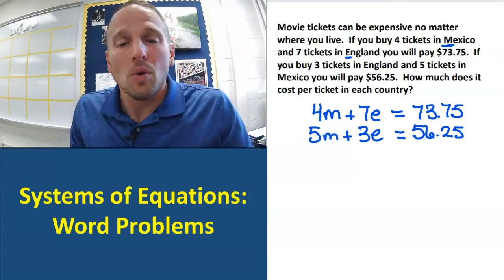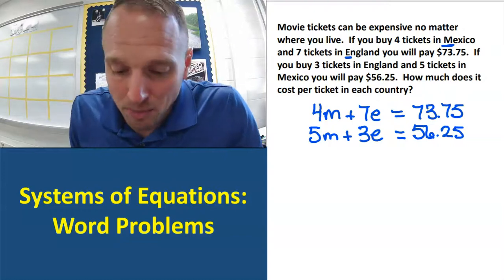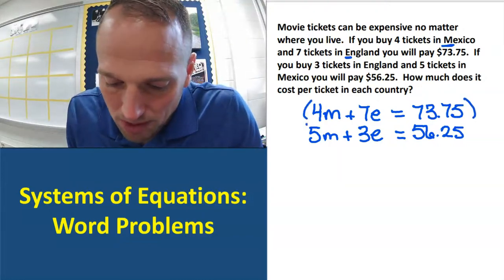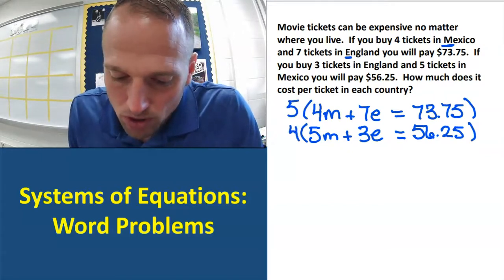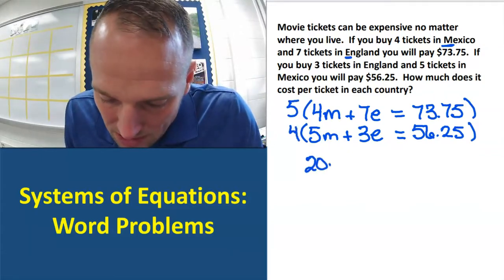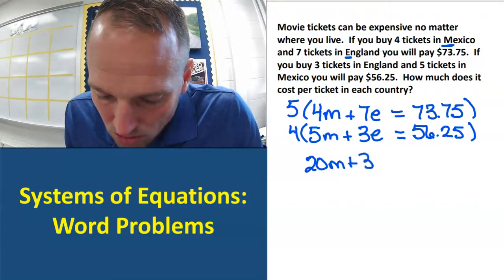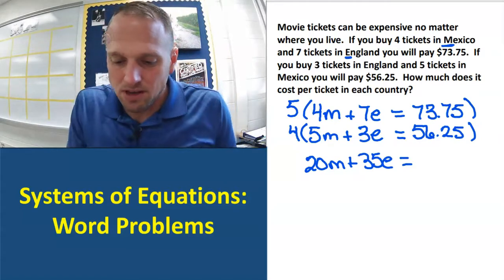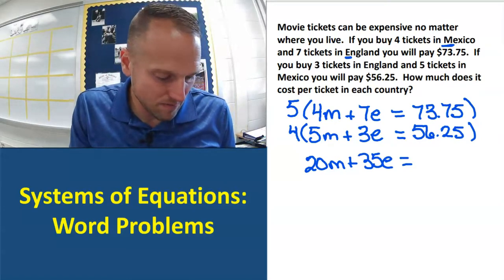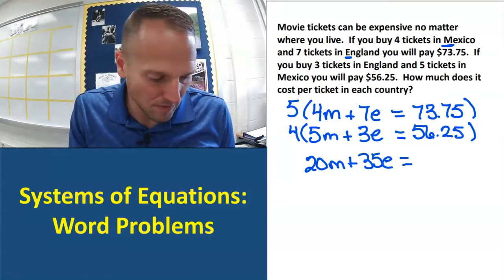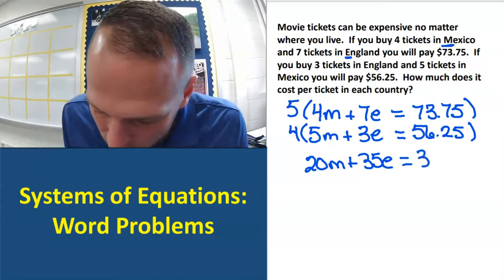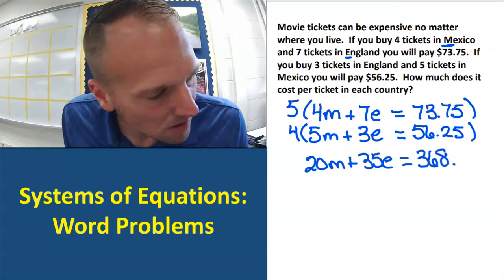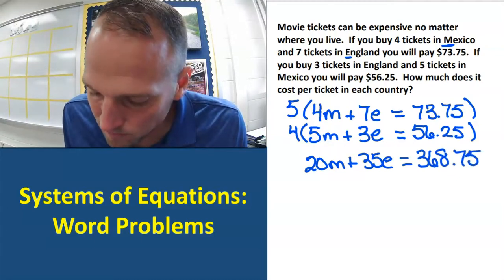All right, now we're going to have to multiply the top by the bottom and the bottom by the top here. So I'm going to multiply the top equation by 5 and the bottom by 4. So we will have 20m plus 35e equals, let's see what that is, 73.75 times 5 is going to be $368.75.